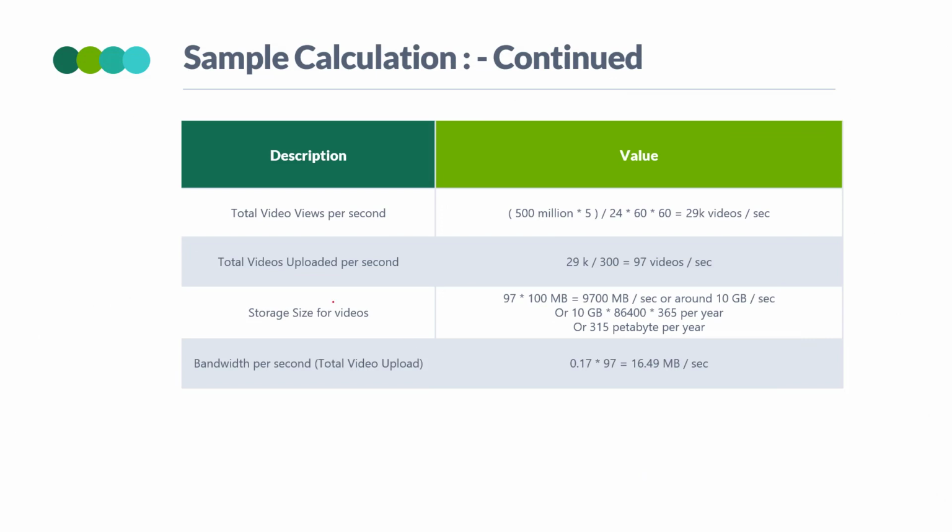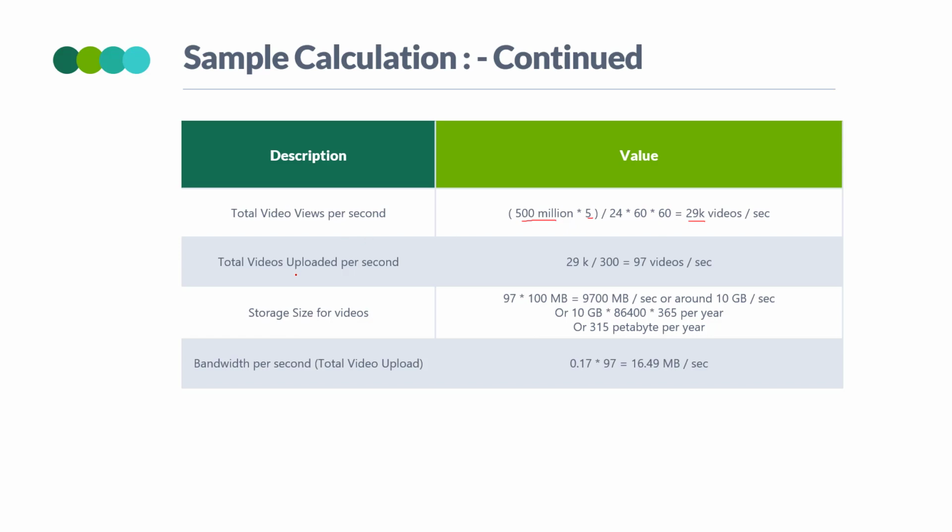Now total video views per second. We said 500 million active users per day into 5, since one user is watching 5 videos on average. This is the number of videos watched in a day. Then you can convert it to seconds by dividing by the number of seconds in a day, and roughly it comes to around 29,000 video views per second.